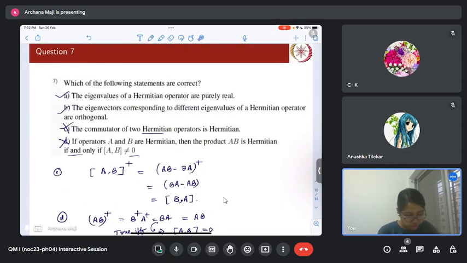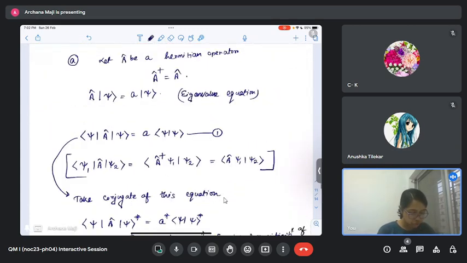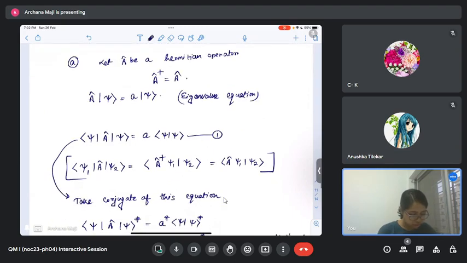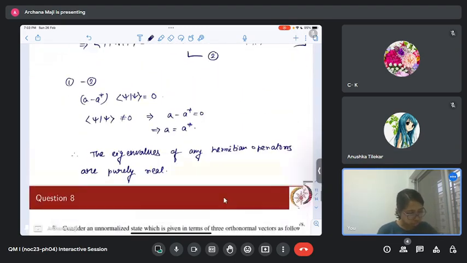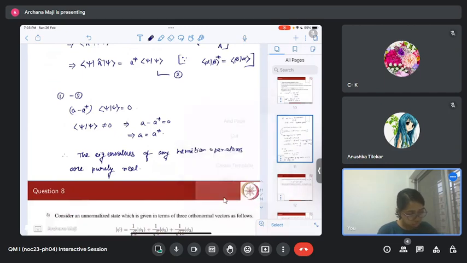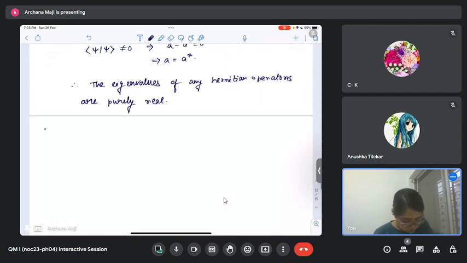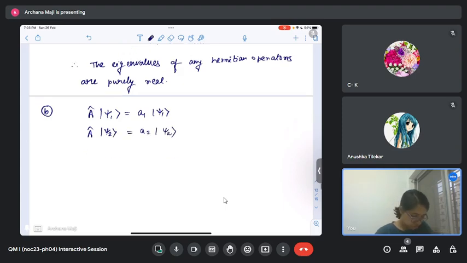Now this second statement says the eigenvectors corresponding to different eigenvalues of a Hermitian operator are orthogonal. So let us see how to show that as well. So let us start with psi 1, eigenvector with eigenvalue, let's say a1. Psi 2 is another eigenvector with eigenvalue a2. Okay.